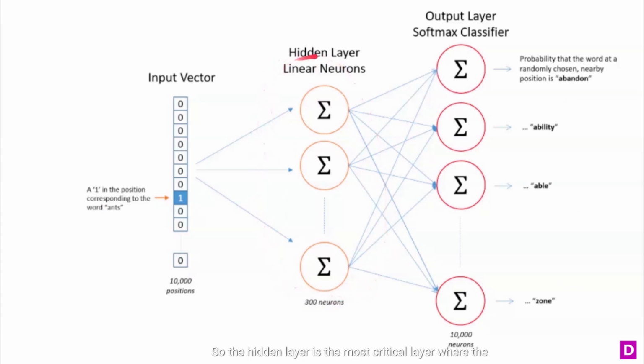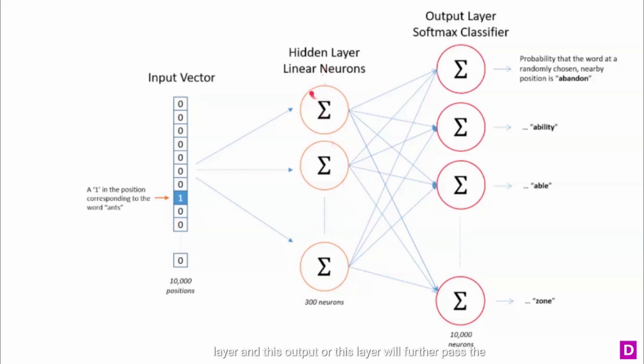The hidden layer is the most critical layer, where the weights associated with each term are captured, and we basically remove this hidden layer and use it as the word embedding. That is what we learned in the previous sessions, right? Each of the inputs is connected to each and every one of the 300 neurons present in the hidden layer.